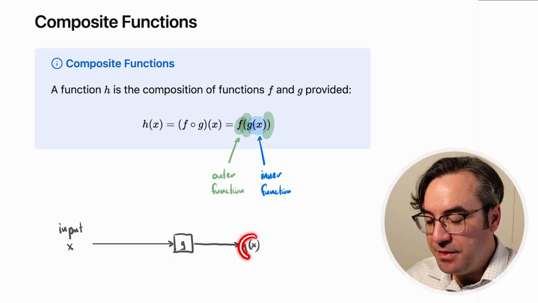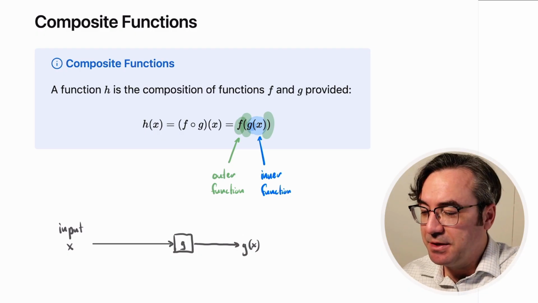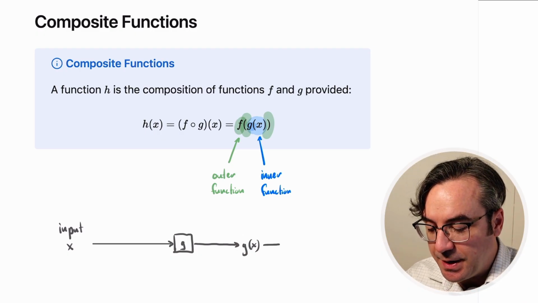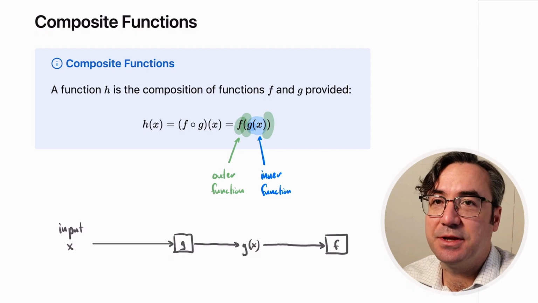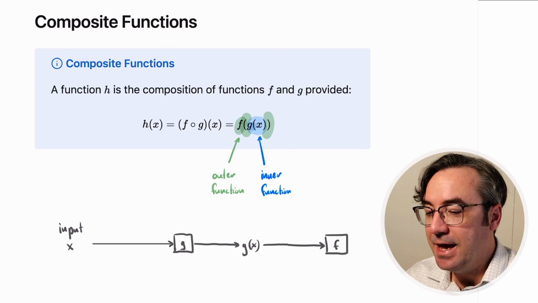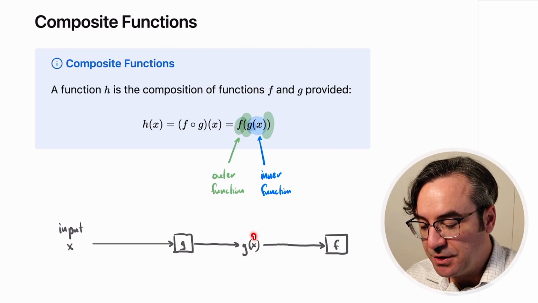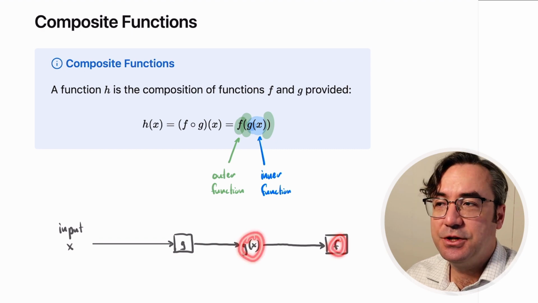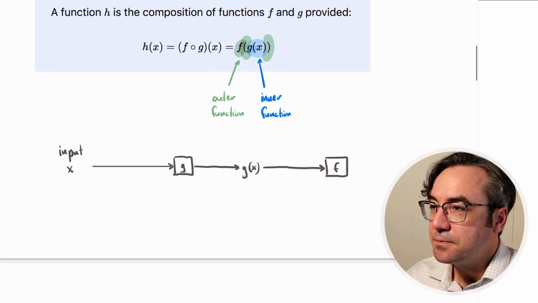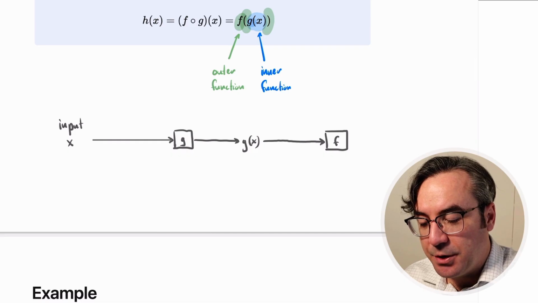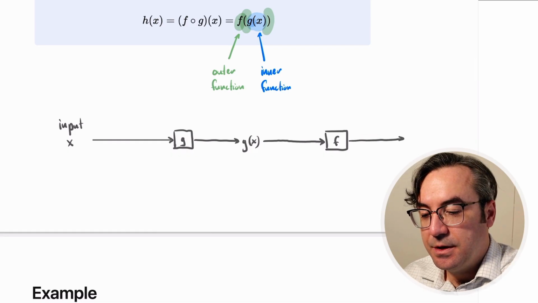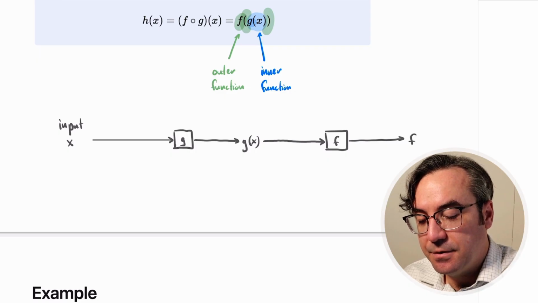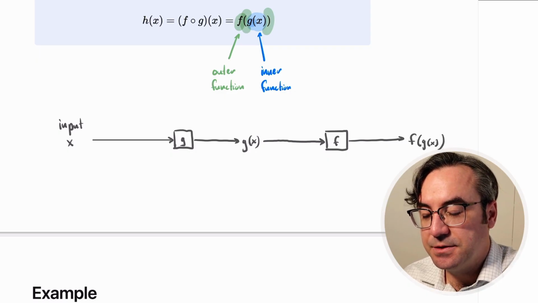Okay. Well, then this just continues on the assembly line, and it makes its way to function f, machine f on our assembly line. And what does f do? Well, f is going to take this input, and f is going to do its own thing to it. And the final output here is f composed with g of x.